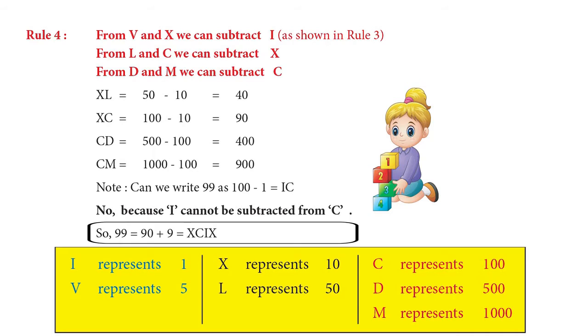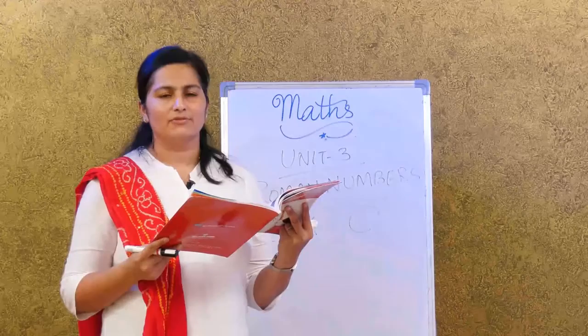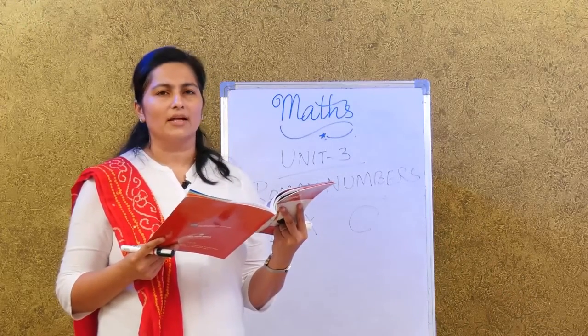So, we go back to our expanded form. Once we learn the expanded form, this is also easy. So, how do we write the 90? X, which is the value of 10, and then C, which is the value of 100. So, we subtract, we get the answer 90. Now, did you understand? As we go ahead, you will understand more.